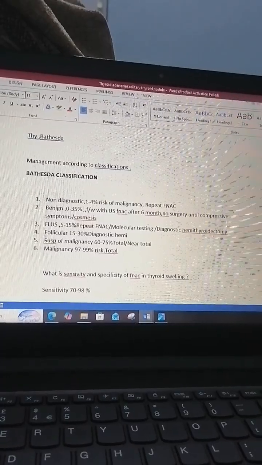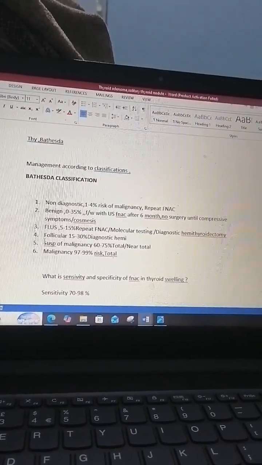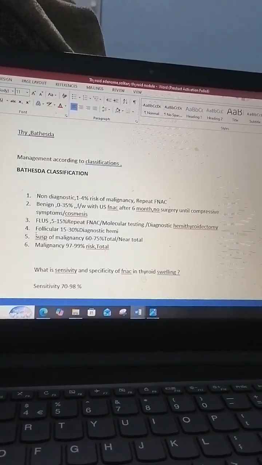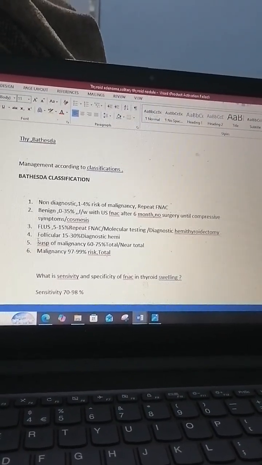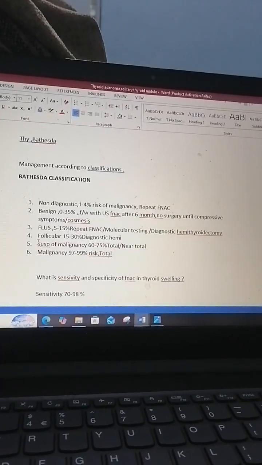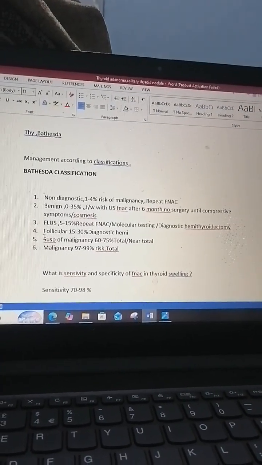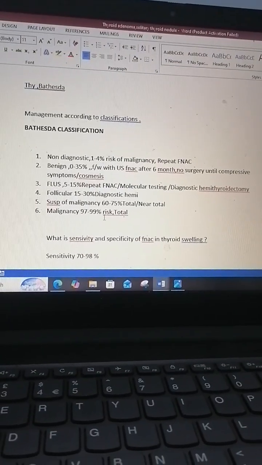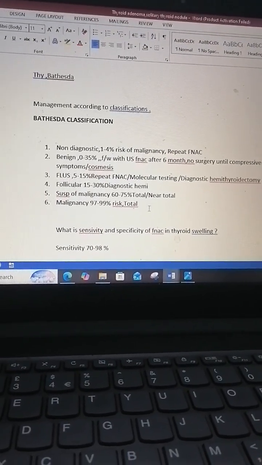In Bethesda 5, there is suspicion of malignancy, which is 60 to 75%, and we will do total or near total thyroidectomy in this case. And in Bethesda 6, which is a confirmed malignancy, there is a 97 to 99% risk of malignancy in this case.